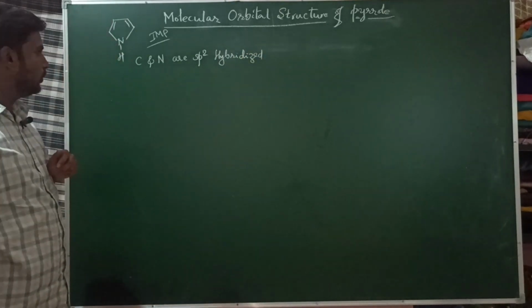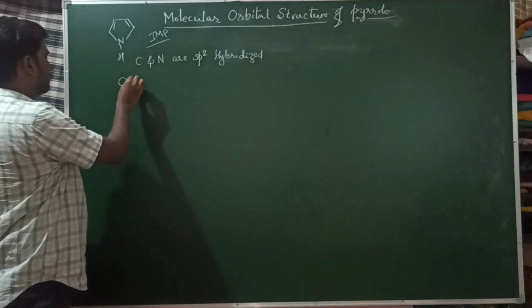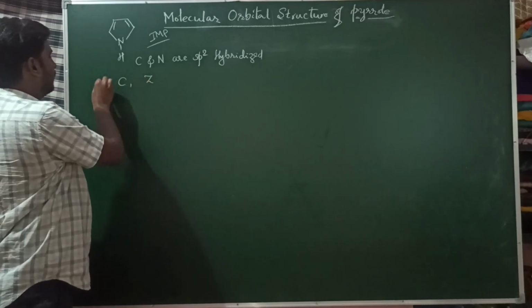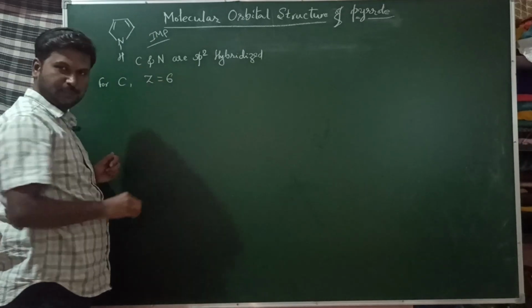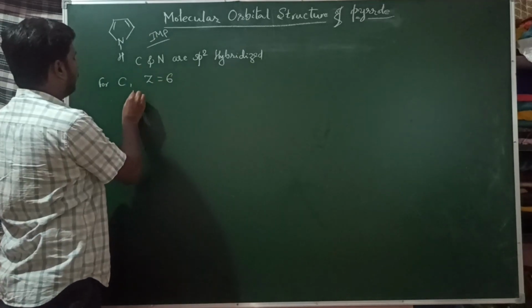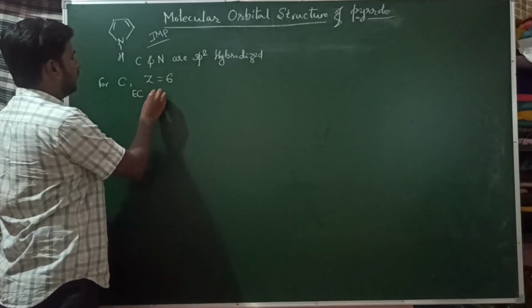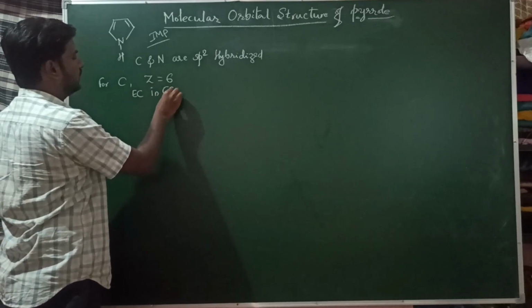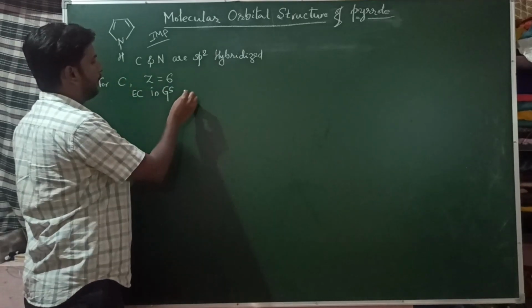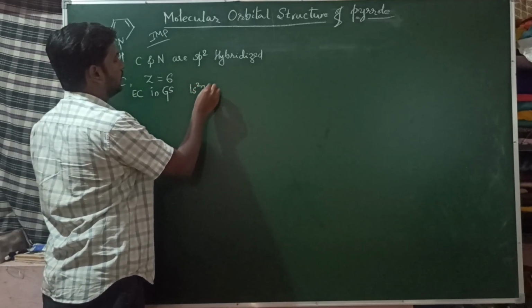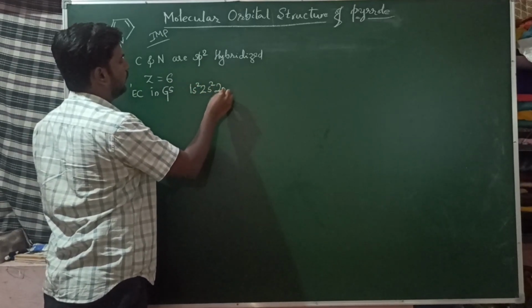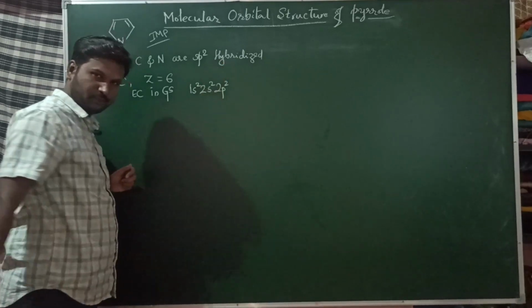For the carbon atom, the atomic number of carbon is 6, and its electronic configuration in ground state is 1s2, 2s2, 2p2.